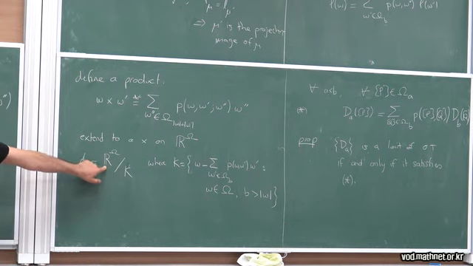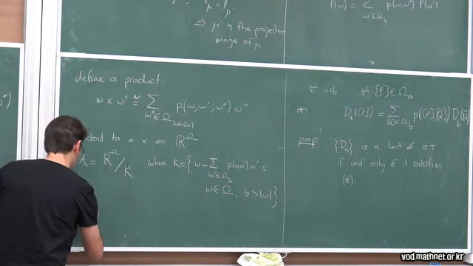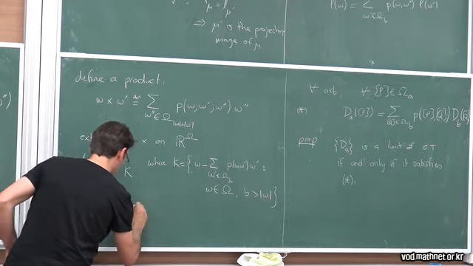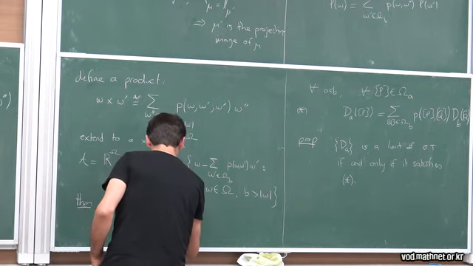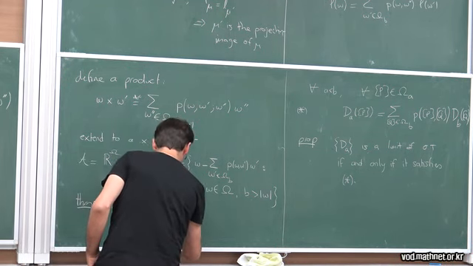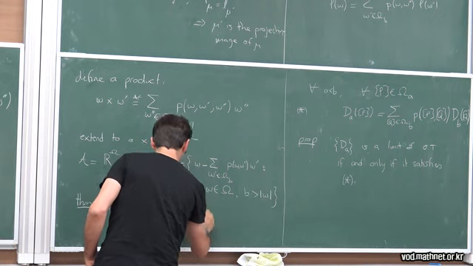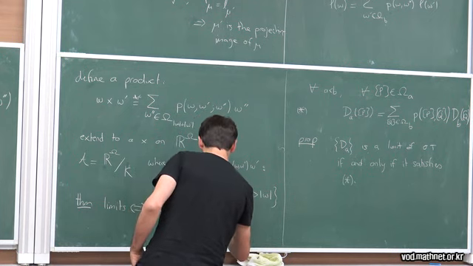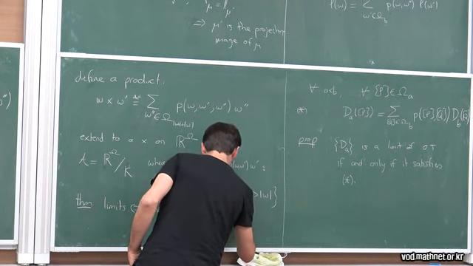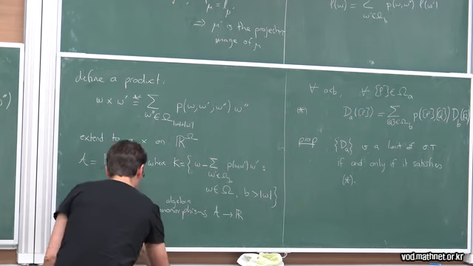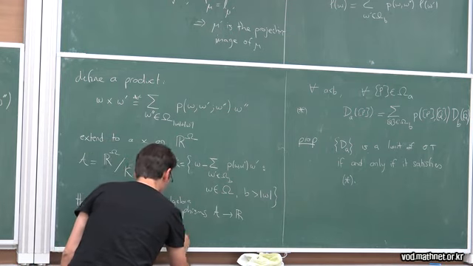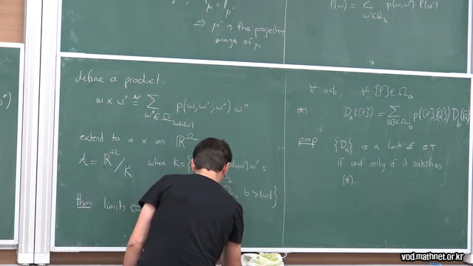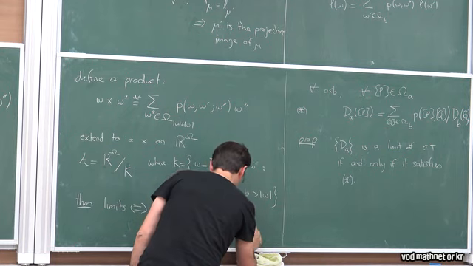So this is a subset of my vector space. I quotient it out, and the theorem is that the limits are exactly the algebra homomorphisms from A to R that map pure order types to something positive.